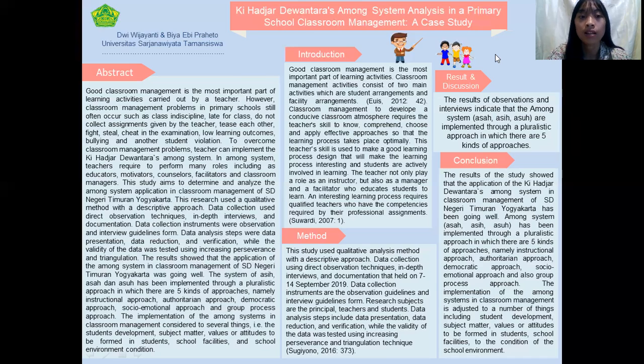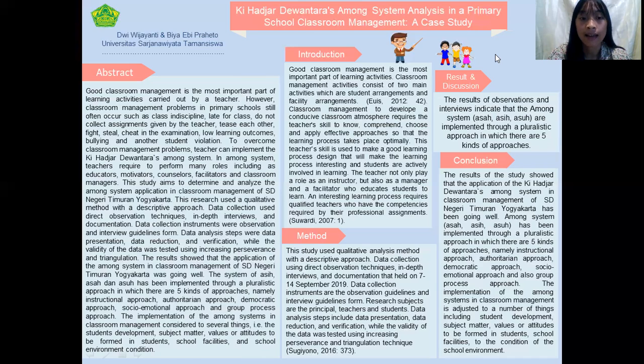To overcome classroom management problems, teachers can implement the Ki Hajar Dewantara among system. In the among system, teachers are required to perform many roles including as educator, motivator, counselors, facilitators, and classroom manager.